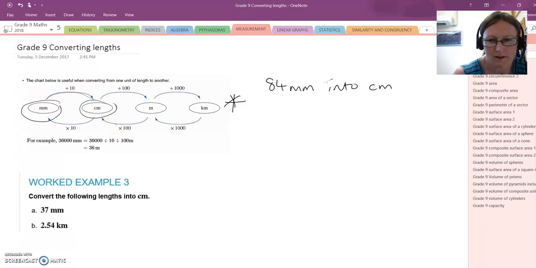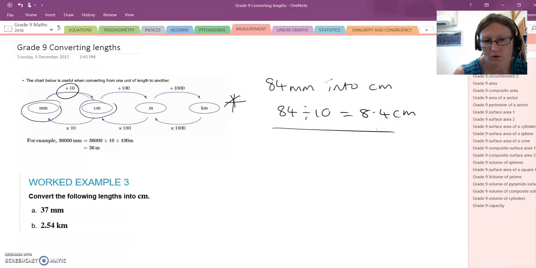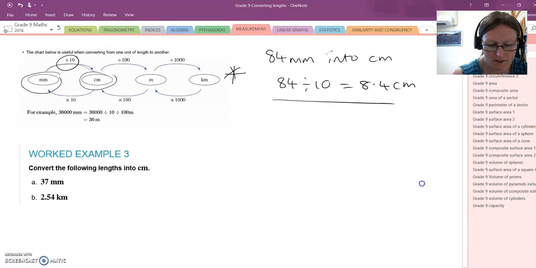Remember that there's 10 millimetres in a centimetre. So if we're going from millimetres to centimetres, we would go 84 divided by 10, which gives us 8.4 centimetres. So really useful to know this chart and then sort of understand what it means.